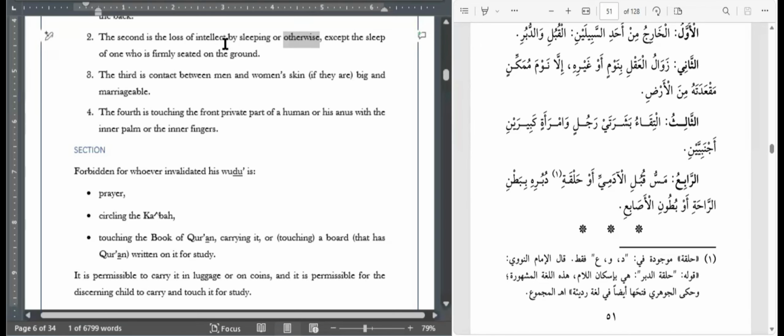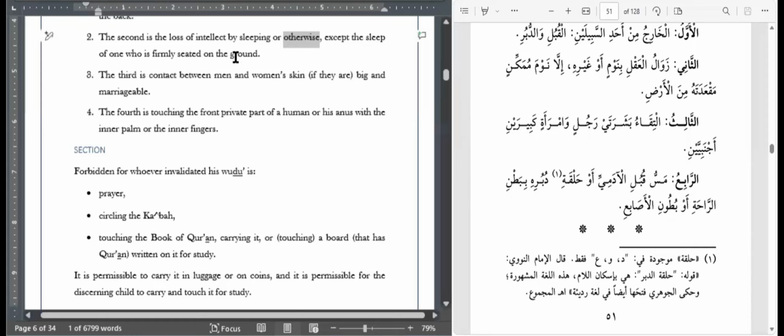So the loss of intellect, by sleeping or otherwise, breaks the wudu except the sleep of one who is firmly seated on the ground. Okay.